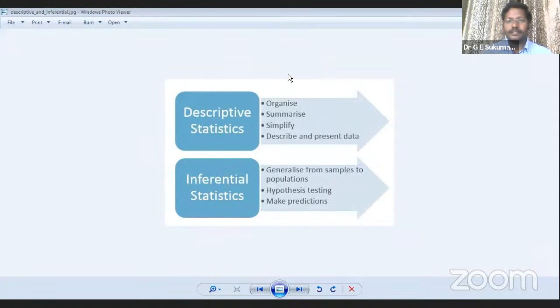Under inferential statistics, hypothesis testing is also done, and I can make predictions about the entire population based on the measures from the selected representative sample. So these are the two types of statistical measures generally used in behavioral sciences like psychology.